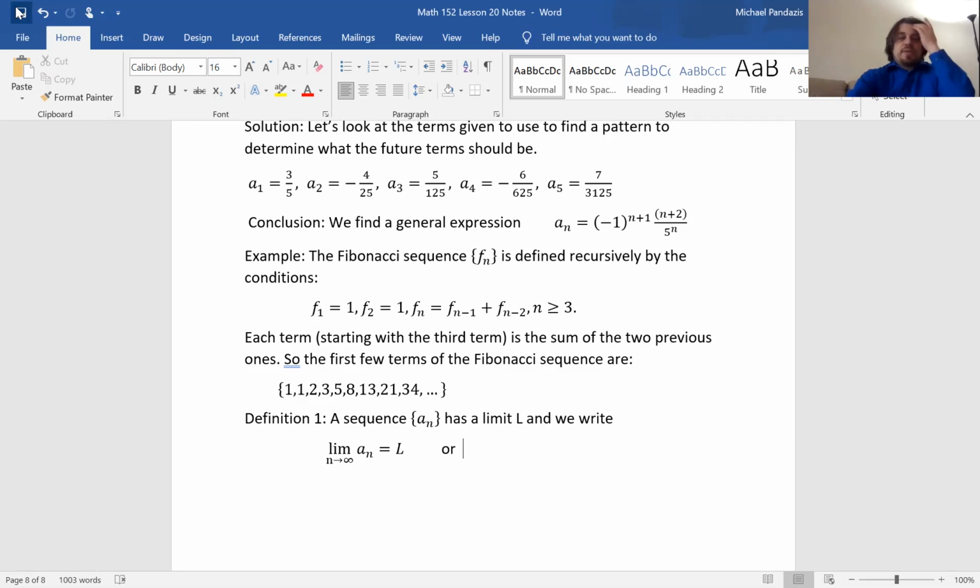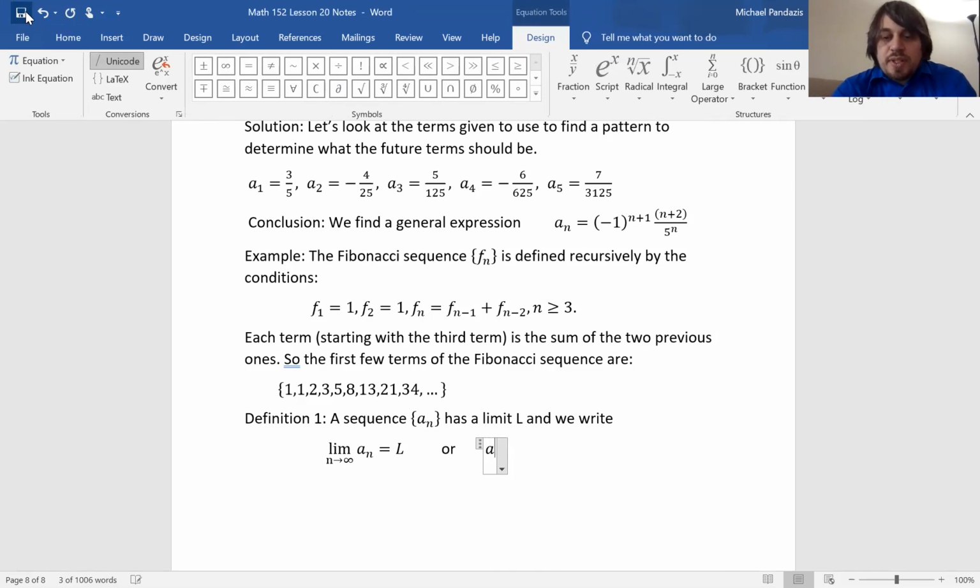Okay, so you have the limit of A sub n equals L, or A sub n approaches L as n approaches infinity.